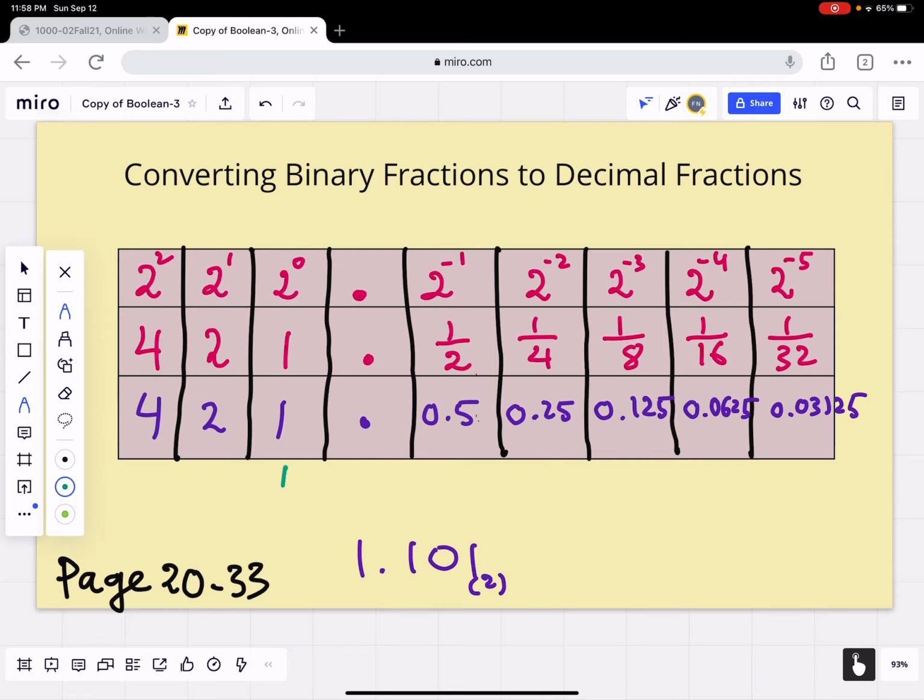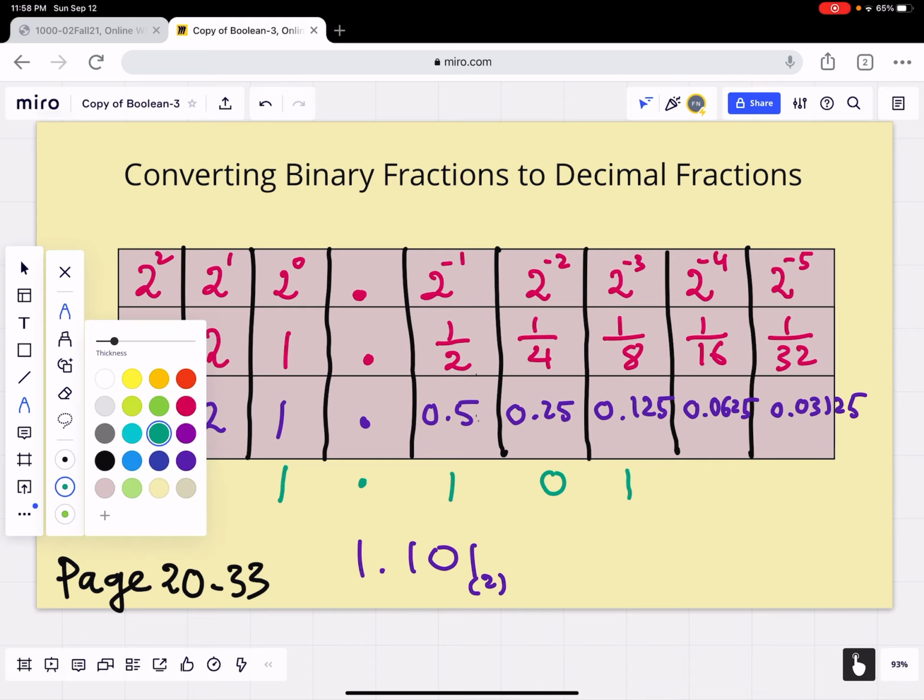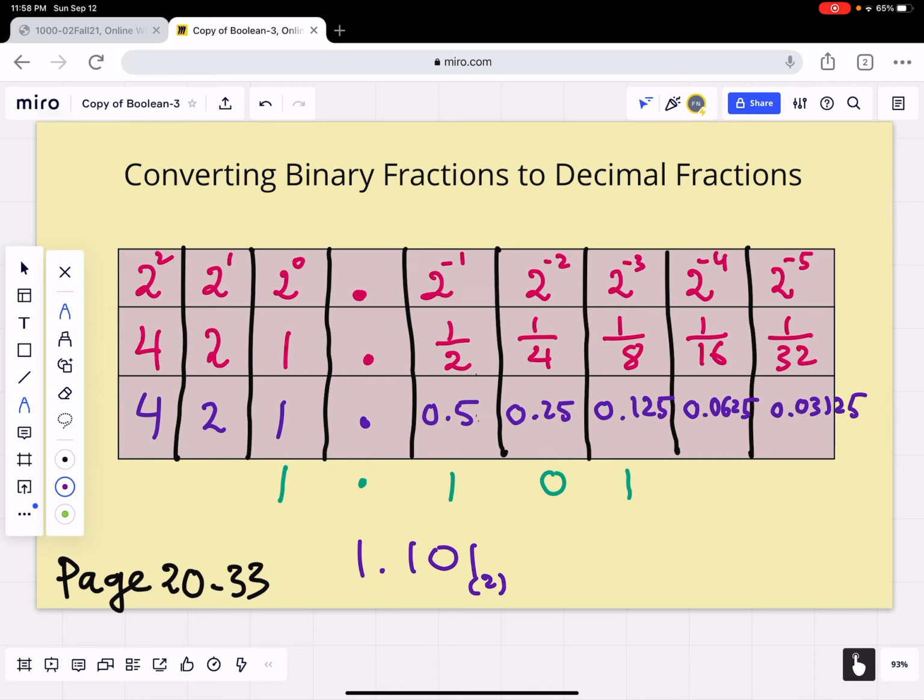So I put the 1 on the place value correctly, point here, and put the 1 over here, 0 over here, and 1 over here. Now you need to multiply by the weight. For the first one, I'm going to put down 0.5 over here, multiply by 0.5.